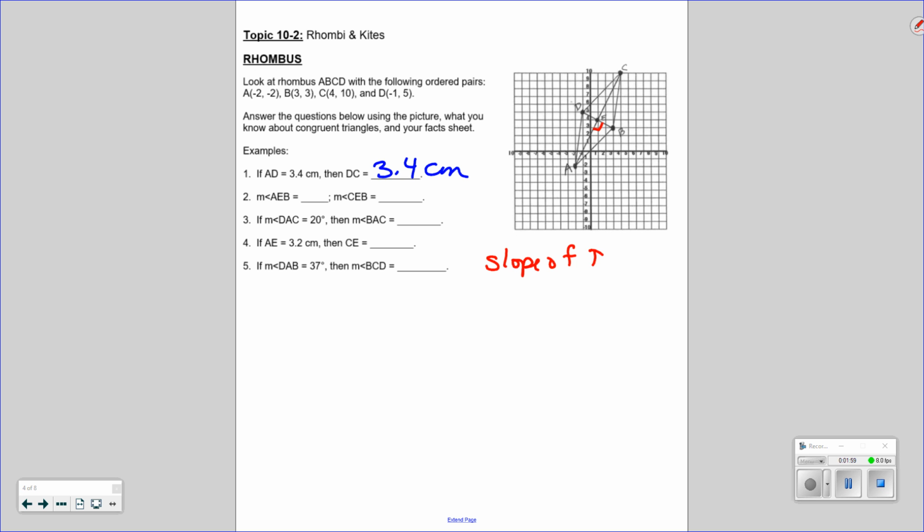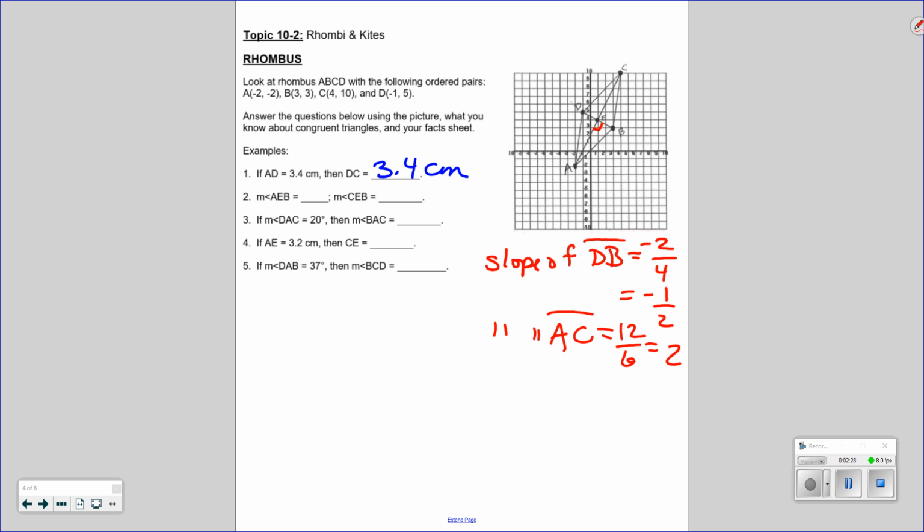Okay, so the slope of DB, if you count and do rise over run, from D to B, we go down 2 and to the right 4, and that would be negative 1/2. And the slope of AC, you would count up and over. It looks like up 12 and to the right 6.